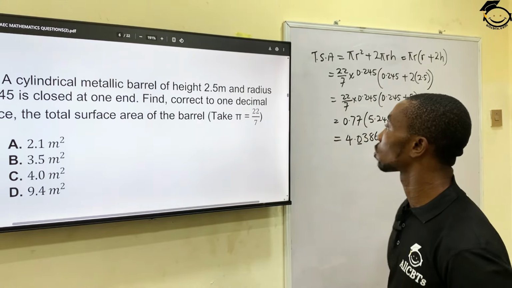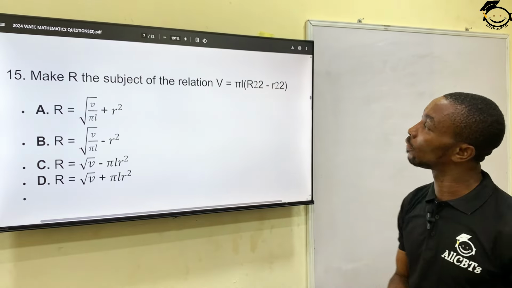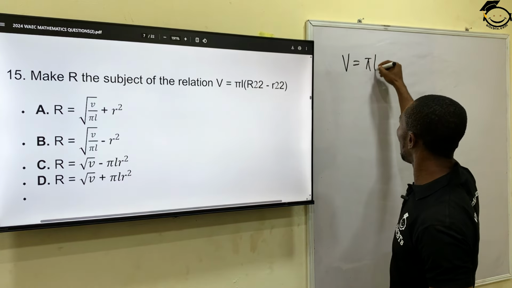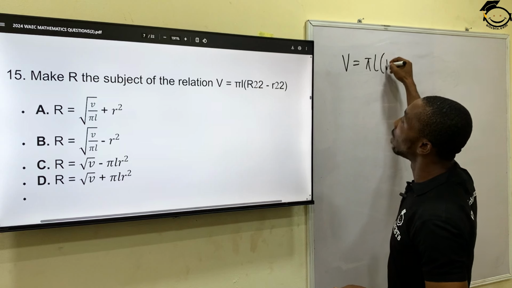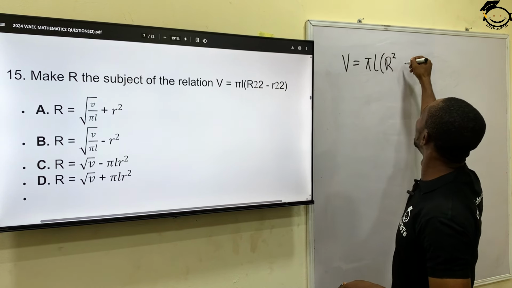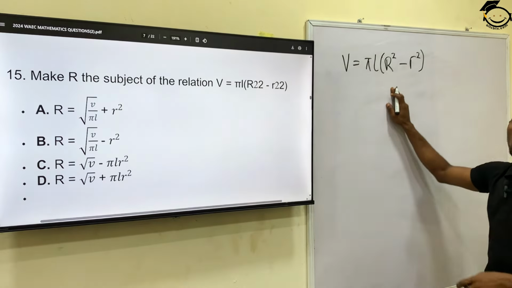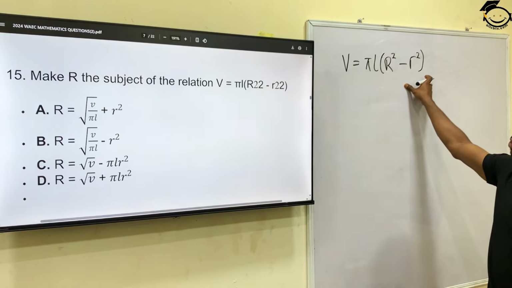4.0 meter square. Make R the subject of the relation in V equals pi L bracket R squared minus r squared, capital R squared minus small r squared.